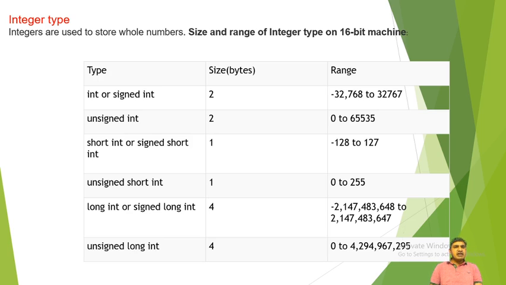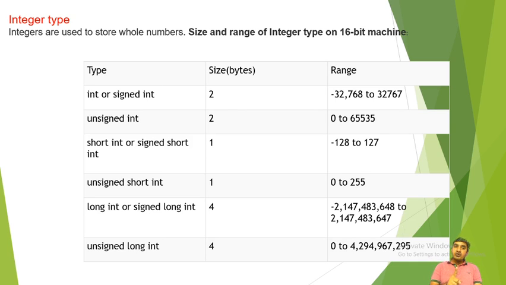So if we consider 1 byte, then it consists of 2 nibbles, that is a higher nibble and a lower nibble. The higher nibble consists of 4 bits, the lower nibble consists of 4 bits, total 8 bits.